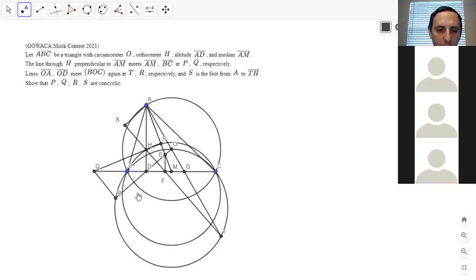Then it's, yeah. What if I project through O onto the circumcircle of BOC? So it would get R, T, this point. Yeah, but where would F go to?